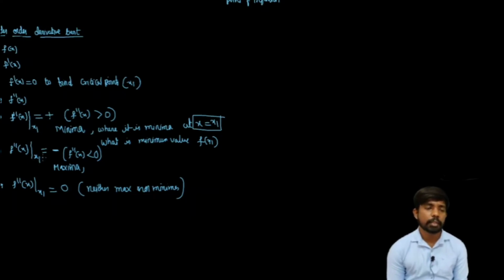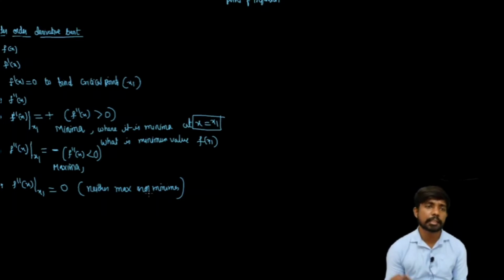In the same way, if substituting the critical point in the double differentiation gives negative, f double dash of x is less than 0, which is the maximum condition, and you can find the point of maximum and the maximum value. Similarly, if substituting x1 gives 0, then neither maxima nor minima. This is the second order derivative test.